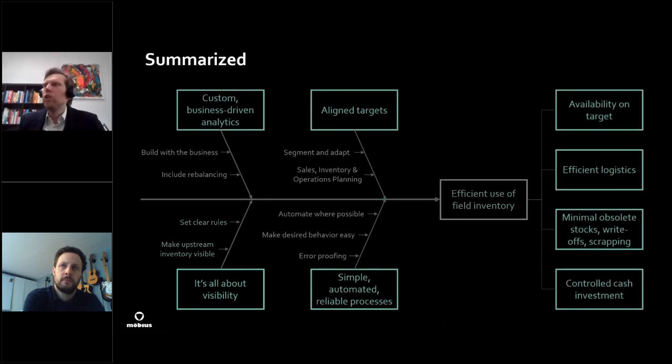Which brings us to these four levers: simple, reliable processes, aligned targets that can drive smart, custom, business-driven analytics, and then a system that allows you to create visibility on the rules, on the way that the system will work, and on the inventory that is available upstream, so that there is enough confidence that the system will actually deliver what it promised.